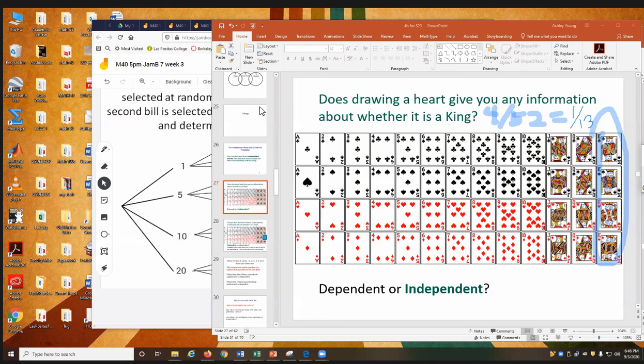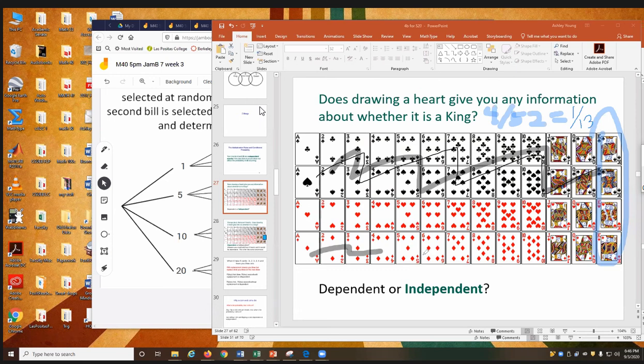Now, I'm going to change it a little bit. Okay, I've drawn a card. I'm looking at my card. It's a heart. I am telling you this card is a heart. Now you know it's a heart, so you know it's not any of these guys, not any of these, not any of these.